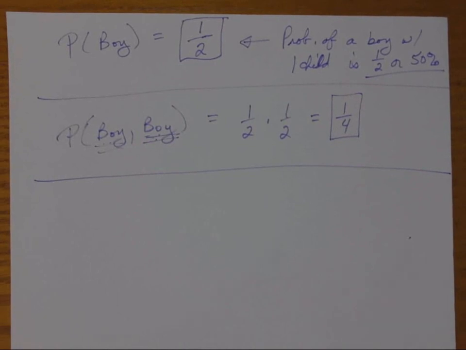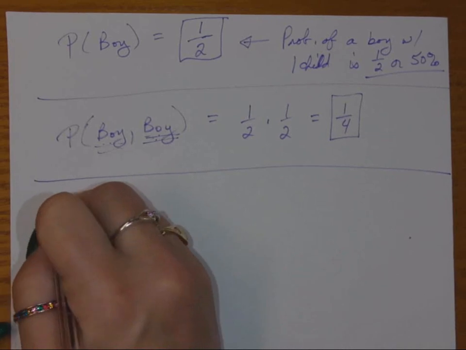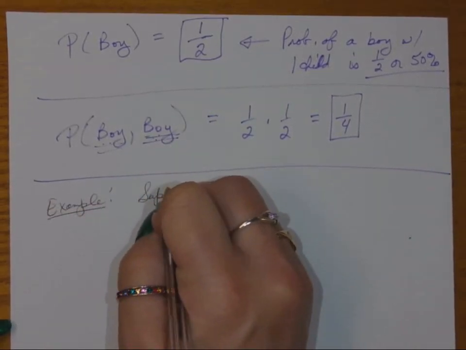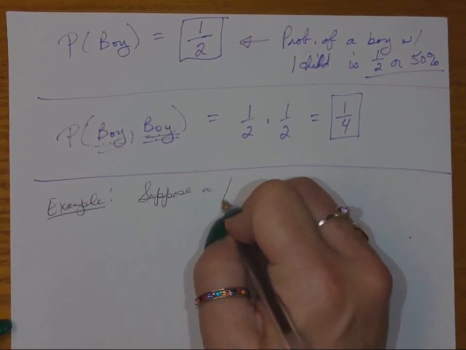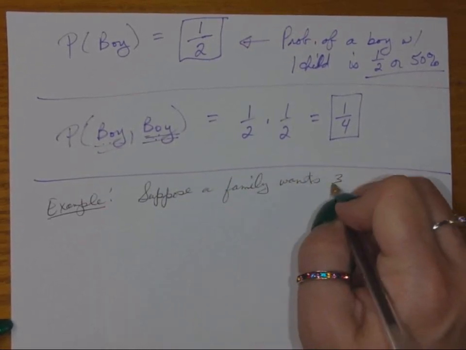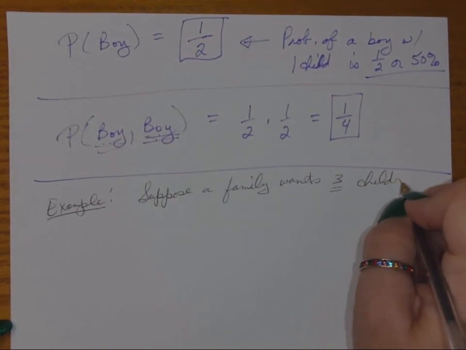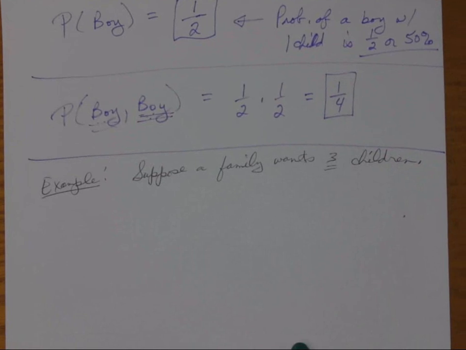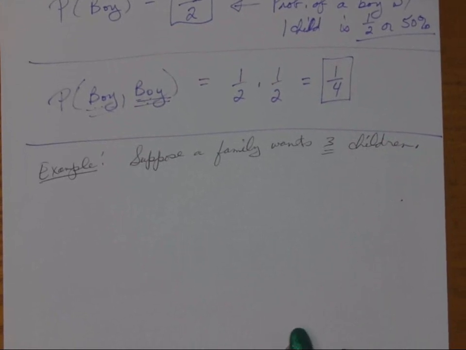So here comes a little bit more of what we want to do. Here's an example. Suppose a family wants to have 3 children. On a test I could change this any way I want. I'm going to introduce a little diagram to us. We're going to see what's going on here.